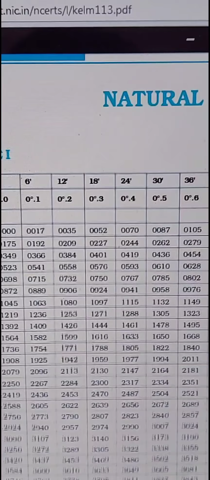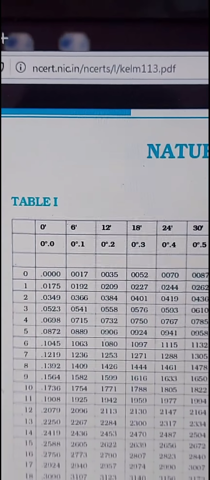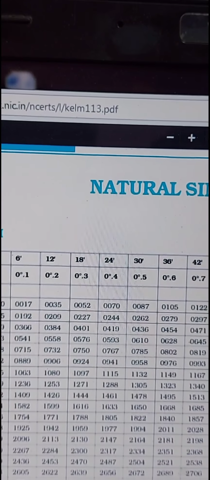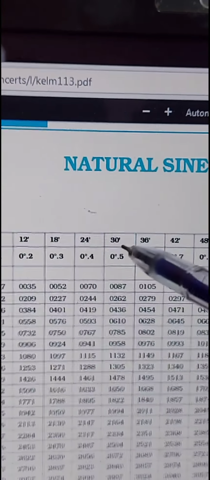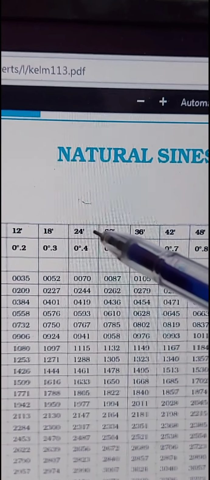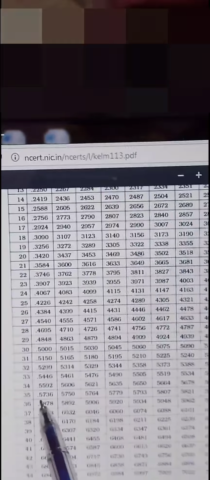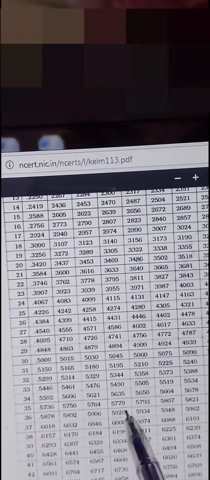The important point here is that if we don't have the exact minute in the columns, then we take the value of the minute that is exactly less than the value we have to find. The value just before 22 minutes is 18 minutes, not 24, since 24 minutes is greater. So the fourth column: 1, 2, 3, 4. In the horizontal row of 35 degree, the fourth value corresponds to 18 minutes.